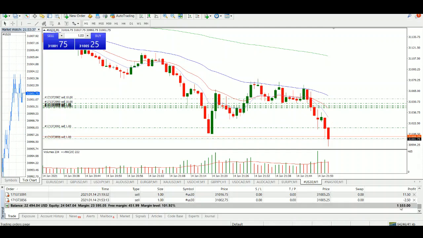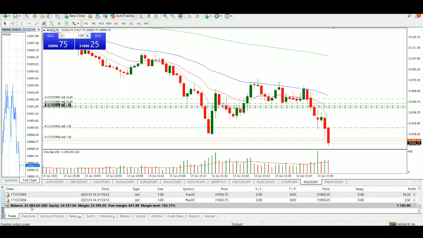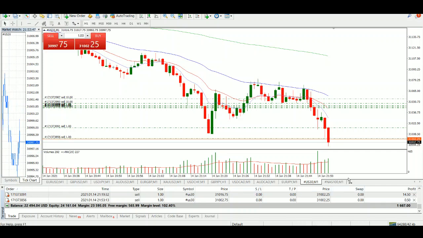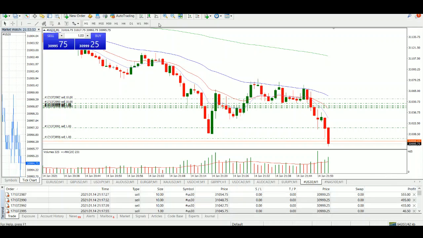Here I am, $1,500 in profits, taking my $22,400 account to a $24,200 account. That's it, almost $2,000 in profits, and we are still continuing.